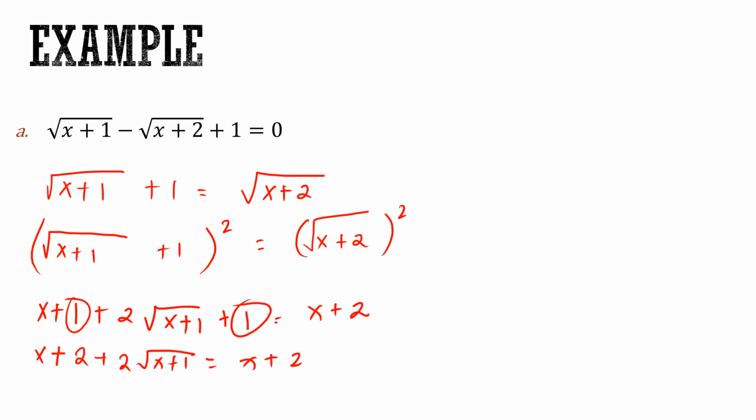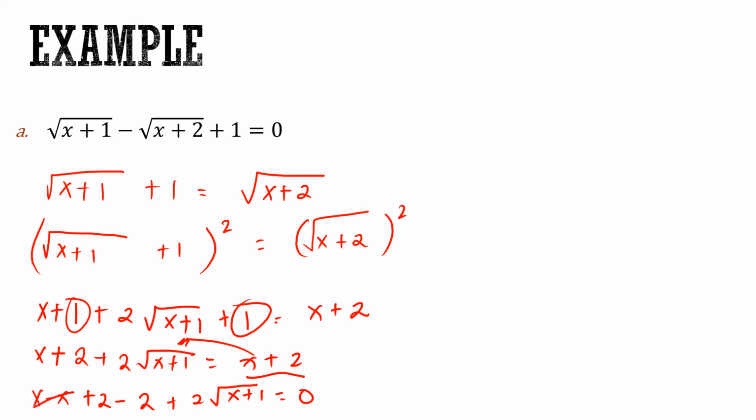Now we need to move these two terms to the other side of the equation. So this will become x minus x plus 2 minus 2 plus 2 square root of x plus 1 equals 0.